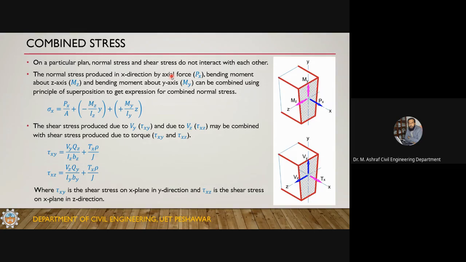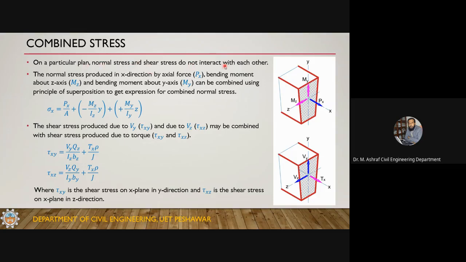But on a particular plane, just like this shaded plane, if a number of forces causing shear stresses and normal stresses are acting on this plane, then they do not interact with each other.